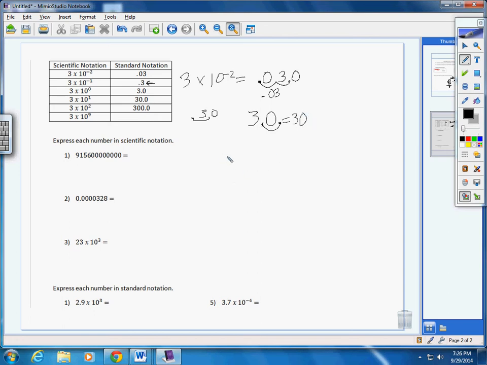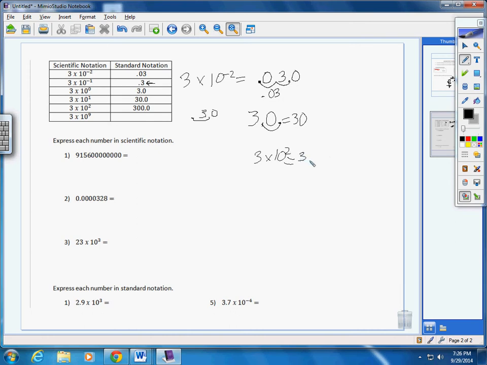And one more time, we'll do this. 3 times 10 to the second. Okay, 3 times 10 squared. Well, guess what? How many spots do you think I moved the decimal? I'm going to move it 2 spots. And which way do I need to move it? Well, you should move it to the right, because since we have that positive exponent, we know we're going to have a bigger number when we write it in standard notation.